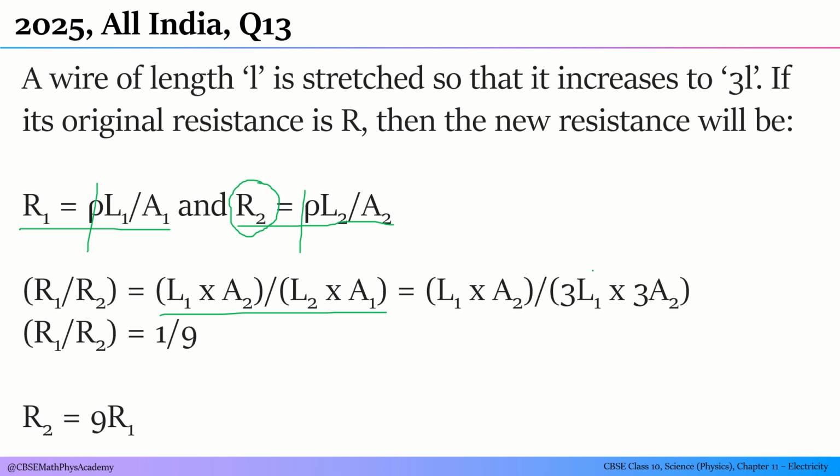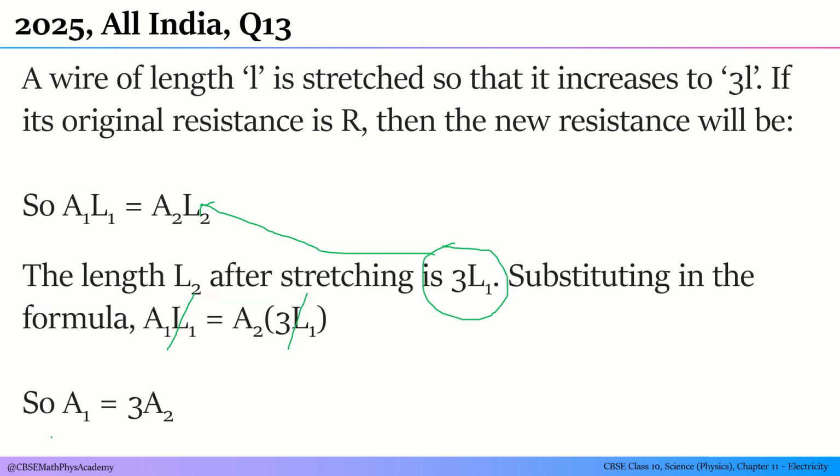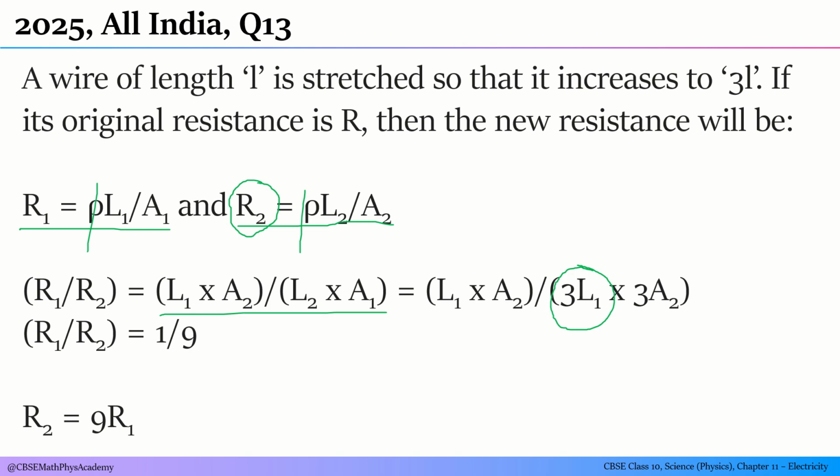After stretching, L2 is equal to thrice L1, and in the previous calculation you found that area 1 is equal to thrice area 2. You are left with common values which you can easily cancel. L1 goes away, A2 goes away, and R1 by R2 is equal to 1 by 9, that is 3 into 3.